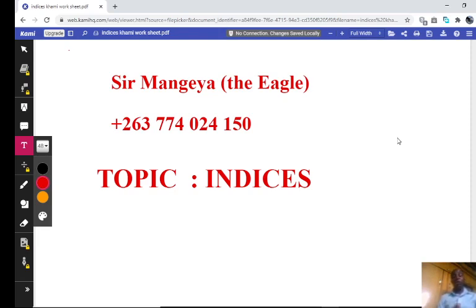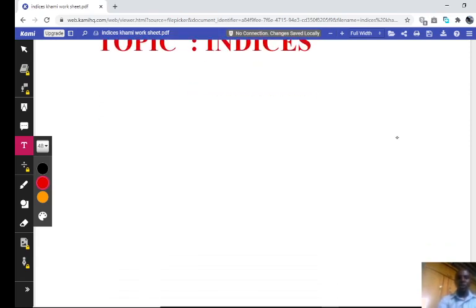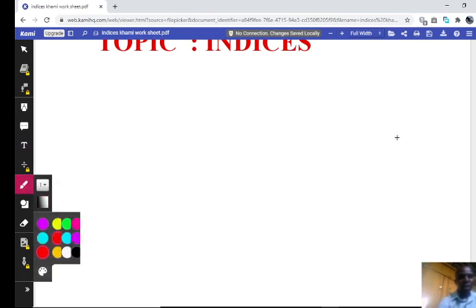Getting into the depth of it, what are indices? Indices just means powers. In other words, we are dealing with numbers with powers. They are in this form, x to the power a.